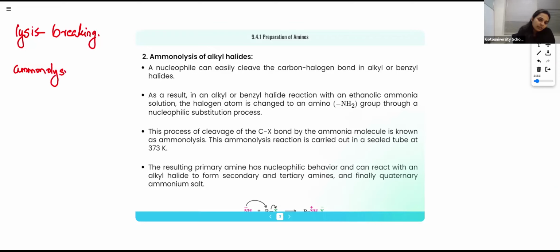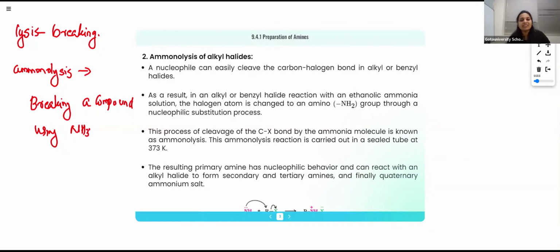Ammonolysis means we are breaking a compound using ammonia. You know hydrolysis, right? Hydrolysis means we are breaking a compound with water. Ammonolysis means we are breaking a compound with ammonia.